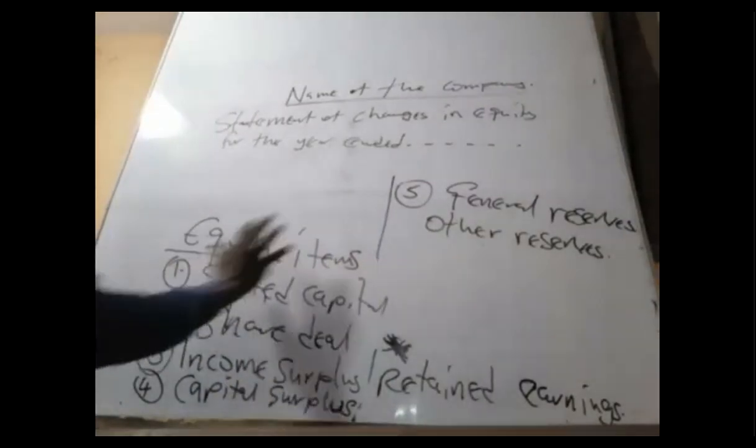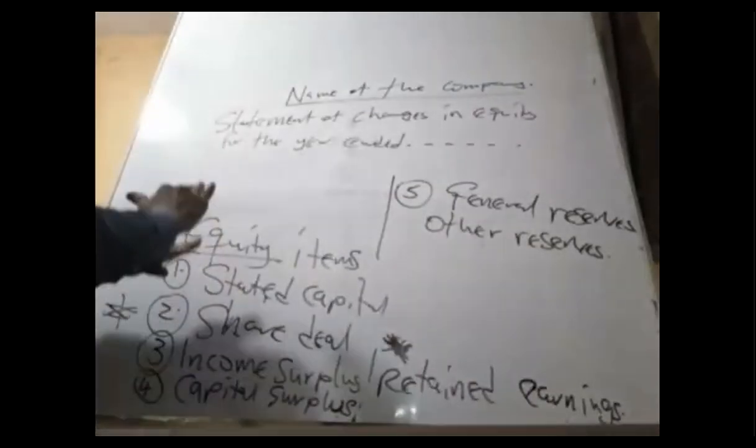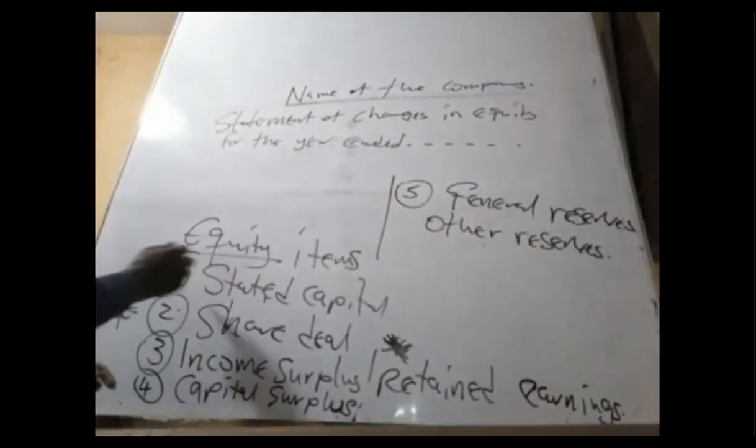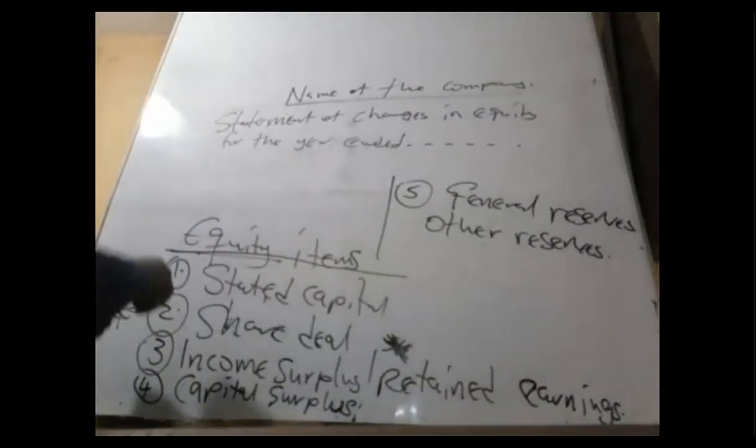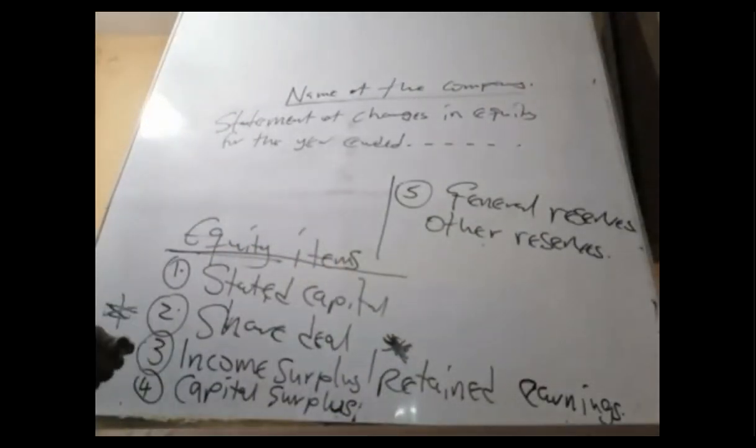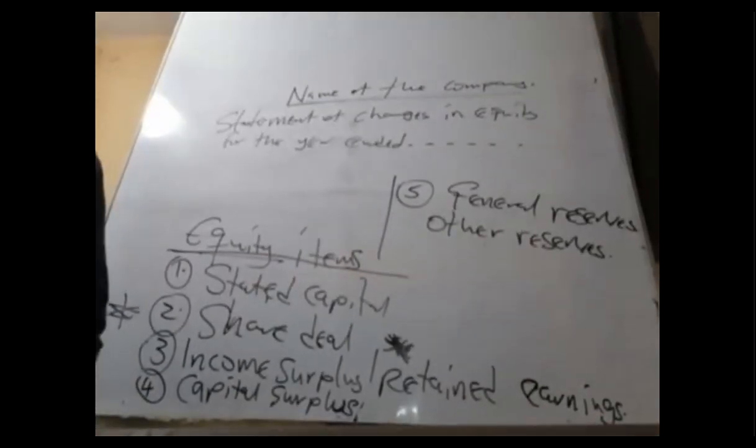Now we are going to rearrange these items in a nice way. These are the equity items that we are going to arrange.